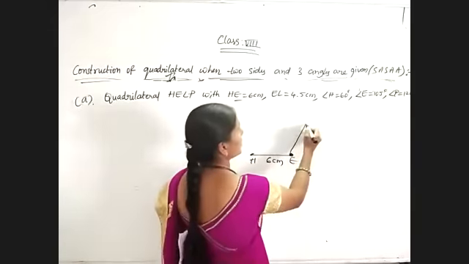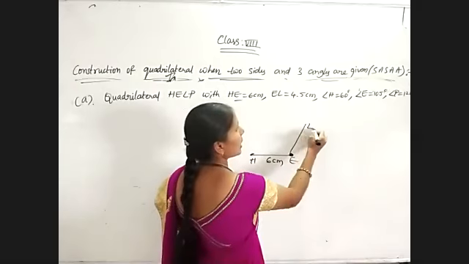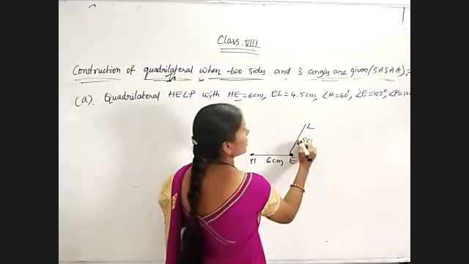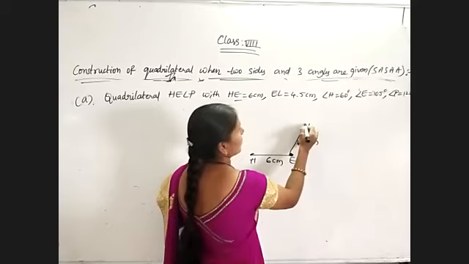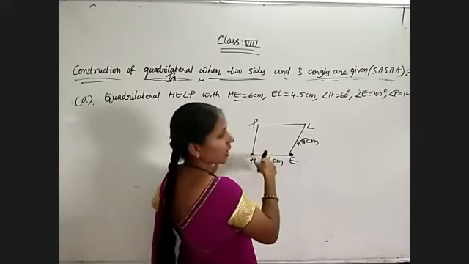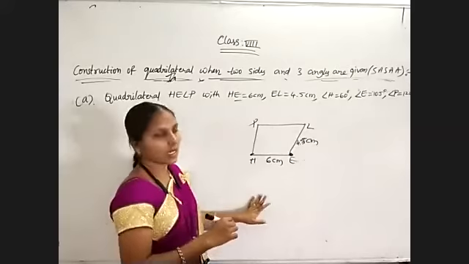Now this is a rough figure only. EL is 4.5 centimeters. HELP, we will not get in this shape, but I am just drawing the quadrilateral.